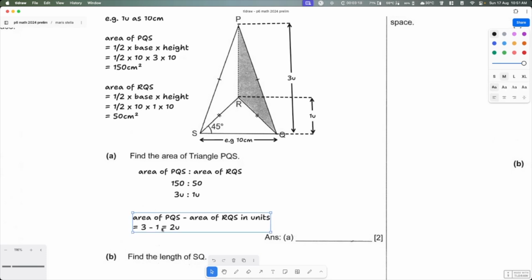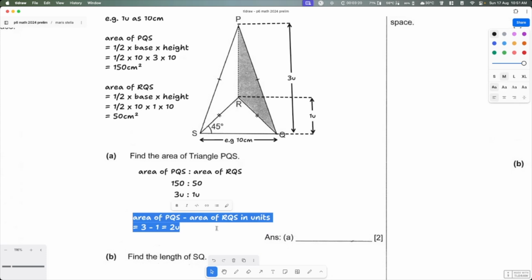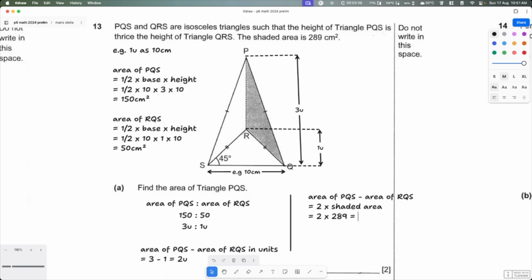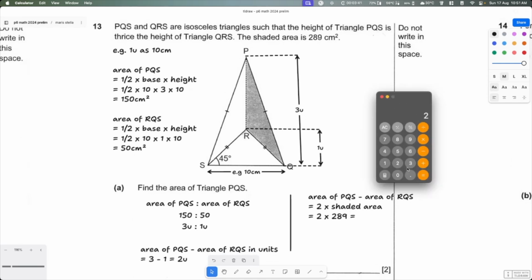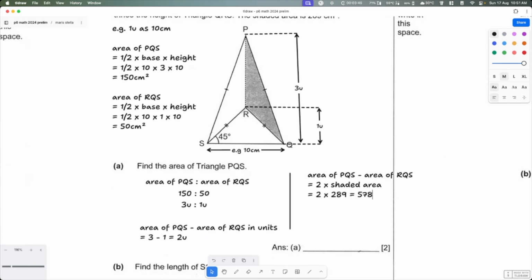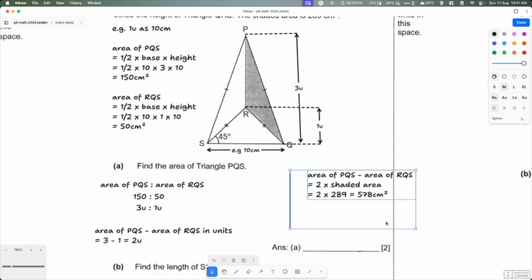And area of PQS minus RQS in centimeters is basically 2 times the shaded area, which is 2 times 289. So 289 times 2 is 578 centimeters square. Now we know that 2 units equal 578 centimeters square.